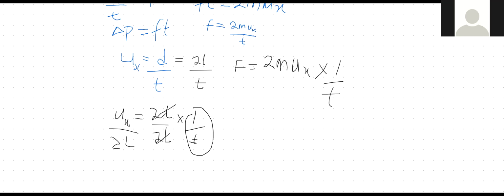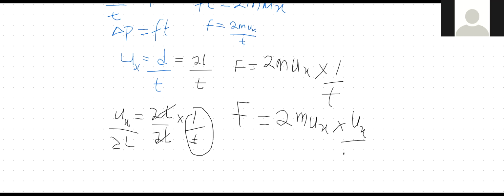So we are now going to replace it with this. So we now have F is equal to 2mux times ux all over 2L. Of course here we have 2, so these 2 will cancel. And then we have mux times ux.